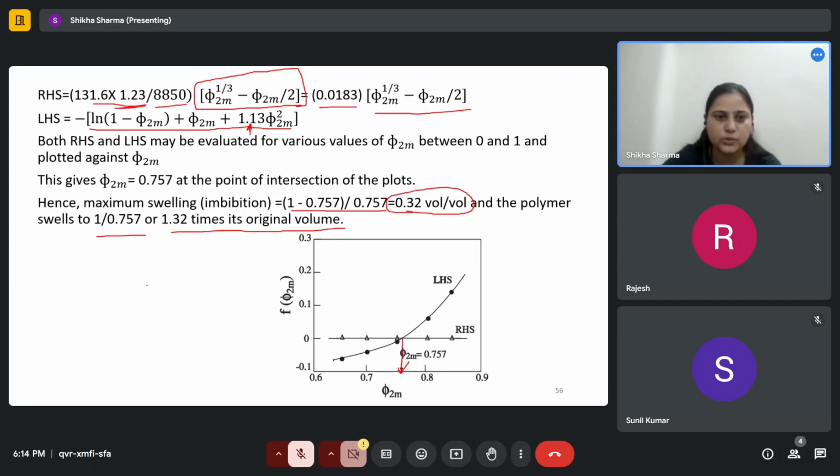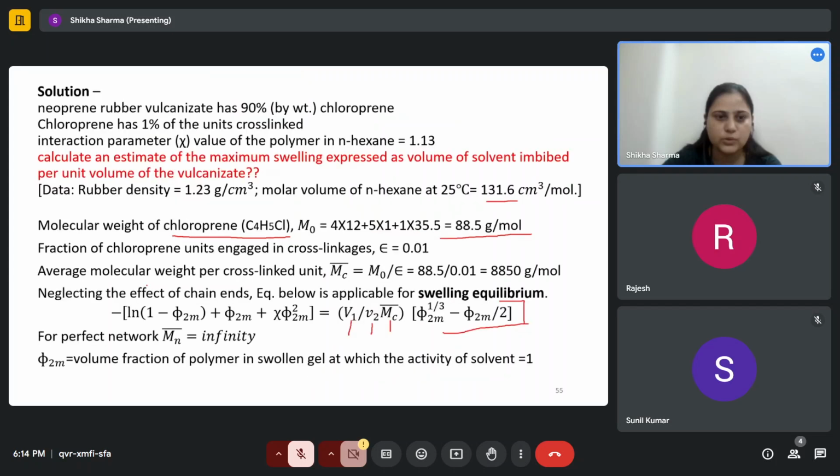So did you understand this question? What we have done is we have the Flory-Renner equation at the swelling equilibrium. In the LHS part we put the chi value as 1.13. We know the V1 value, which is the molar volume of the solvent.